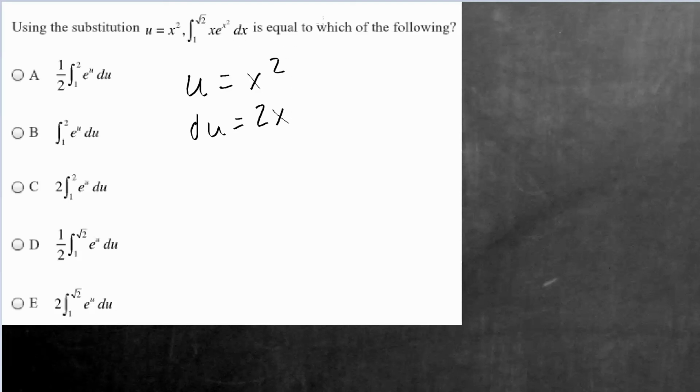And if x is 1, u is 1. If x is square root of 2, u is 2. So that's going to be our limit change. And then I need a 2 here, which means I need a 1/2 here. So it's going to be a 1/2 integral from 1 to 2. There's my du, e to the u.